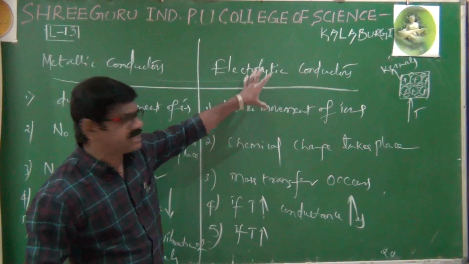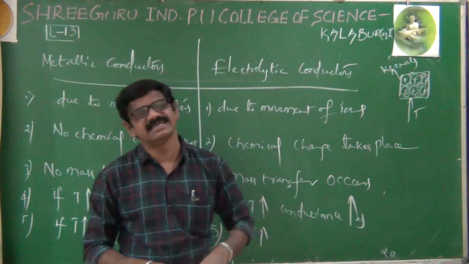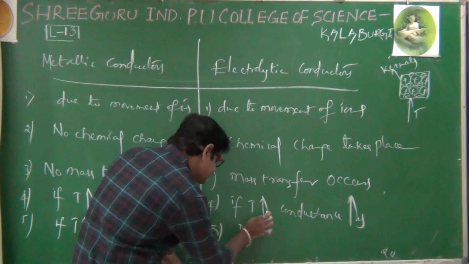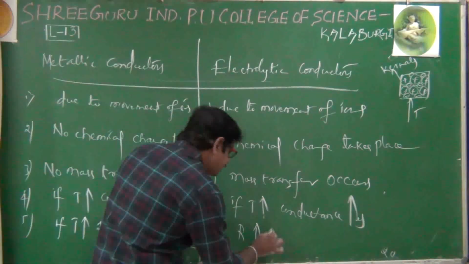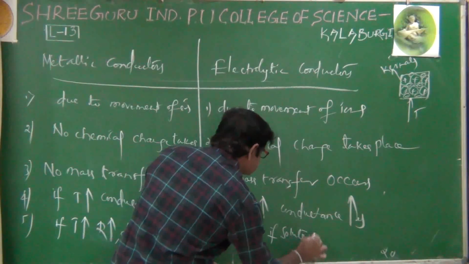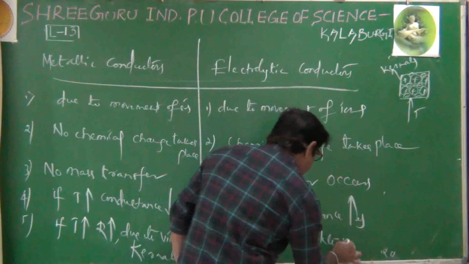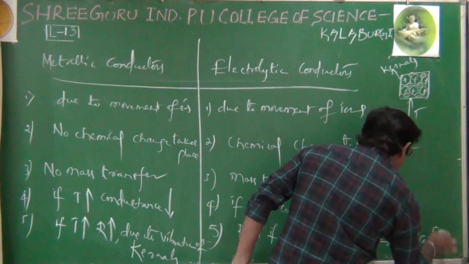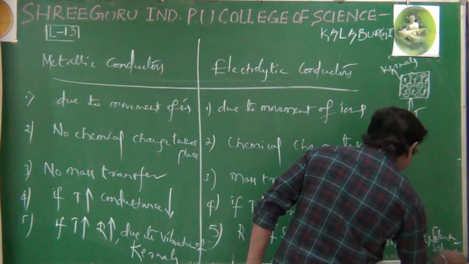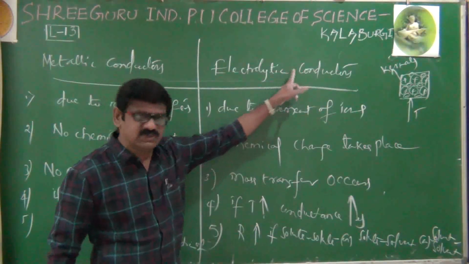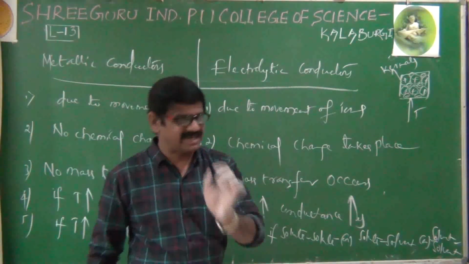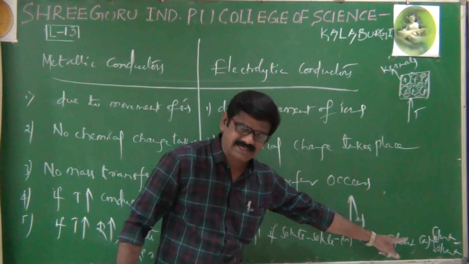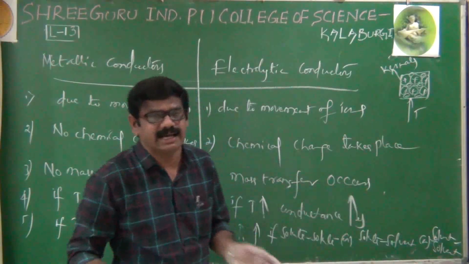But sometimes a resistance also arises in electrolytic conductors. When resistance increases, it is because solute-solute interactions, solute-solvent interactions, or solvent interactions increase.